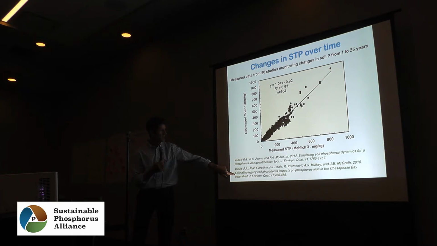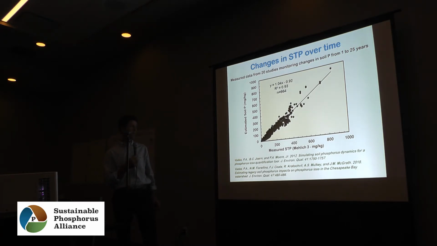This was a paper that just came out in JEQ, where we're using a lot of the soil test P data that's coming out of Maryland now, and some of their field sites where they have long-term soil P drawdown data.